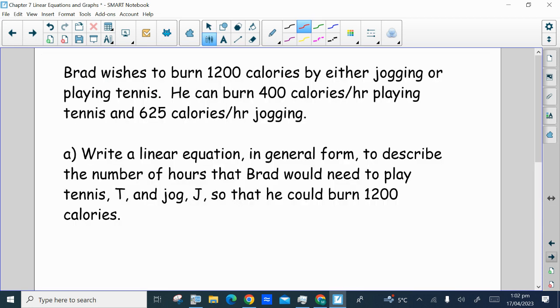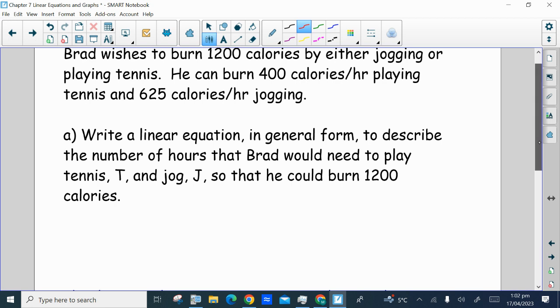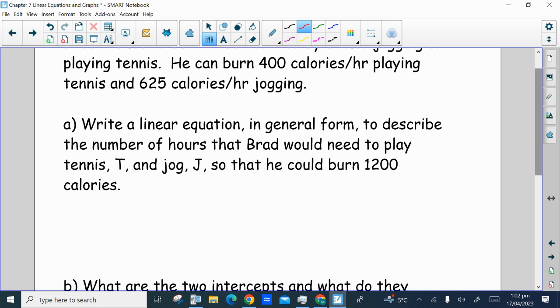Okay, so let's look at this one. Brad wishes to burn 1,200 calories by either jogging or playing tennis. He can burn 400 calories an hour playing tennis and 625 calories per hour jogging. We're asked to write an equation in general form to describe the number of hours that Brad would need to play tennis T and jog J so that he could burn 1,200 calories.